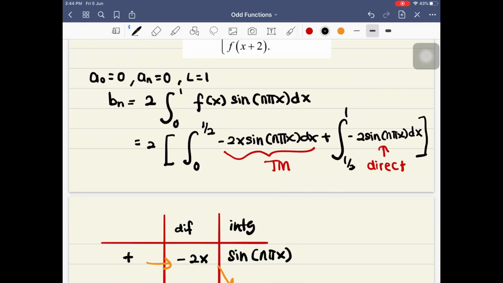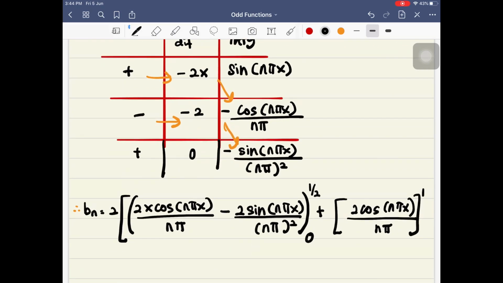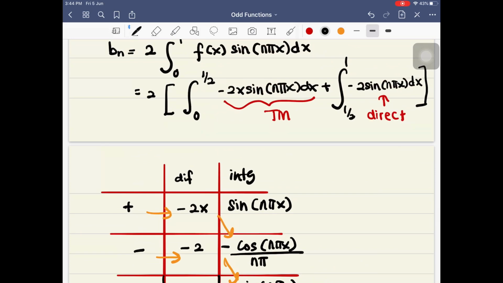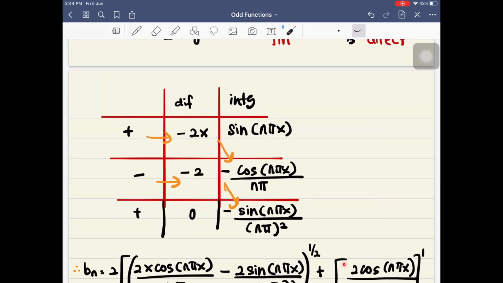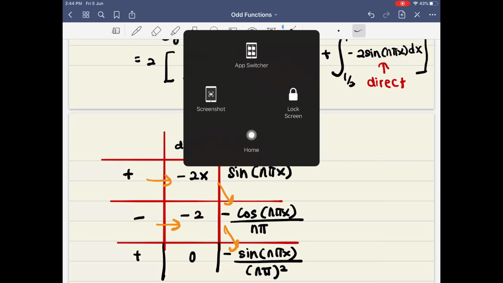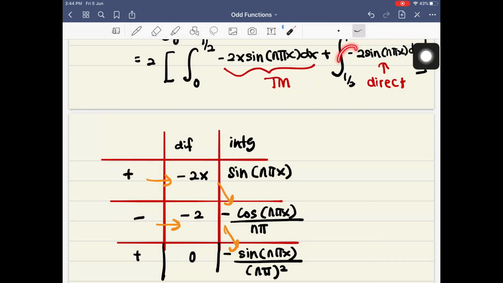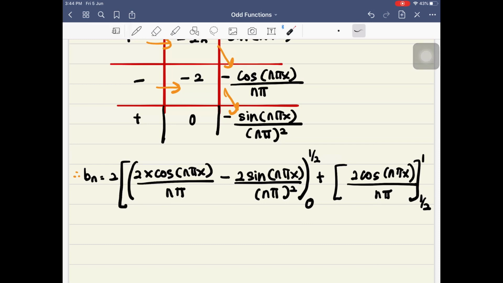The upper limit is 1 and the lower limit is 1 over 2. Why the negative sign here? This one has a negative sign, but down here you have a positive sign, because integrate sine you will have negative, so negative multiplied by negative will give you positive.